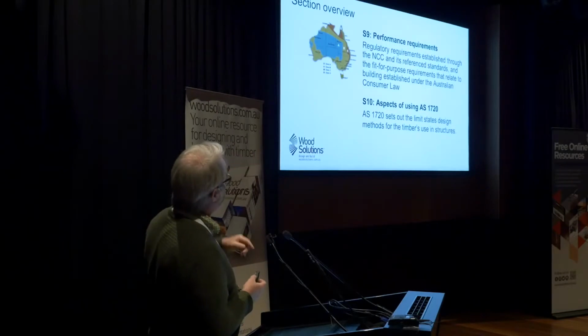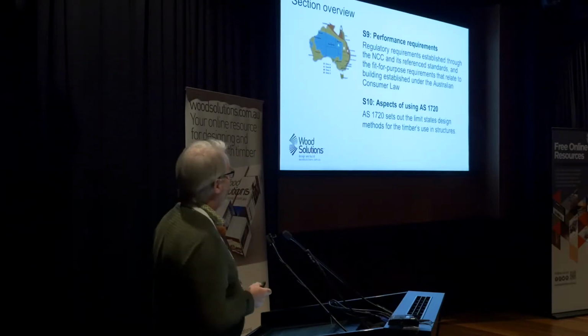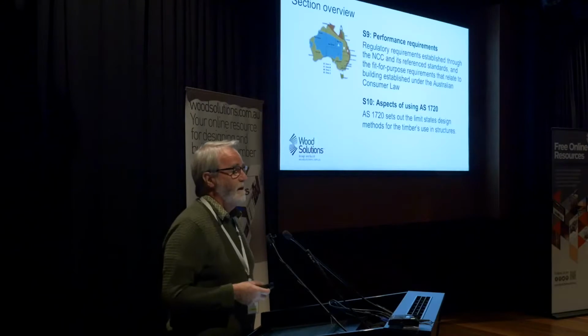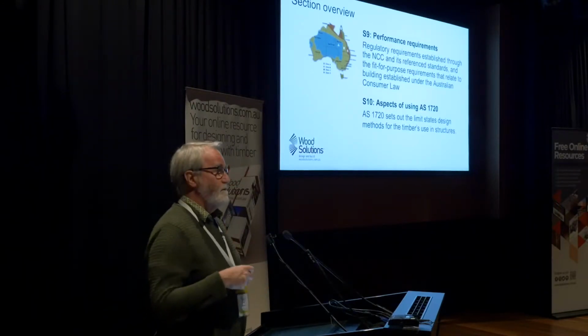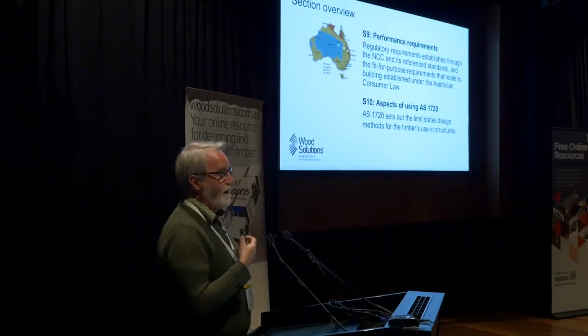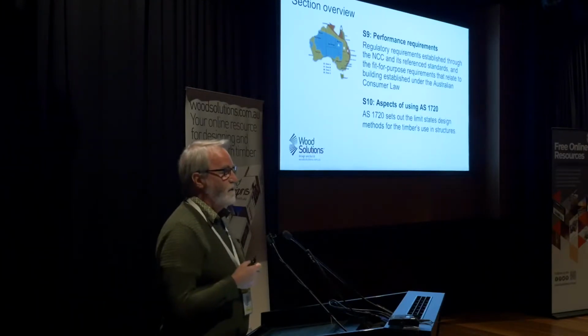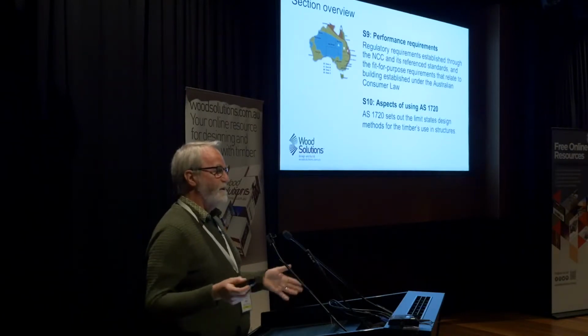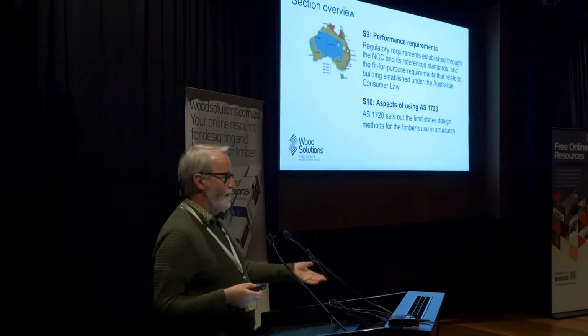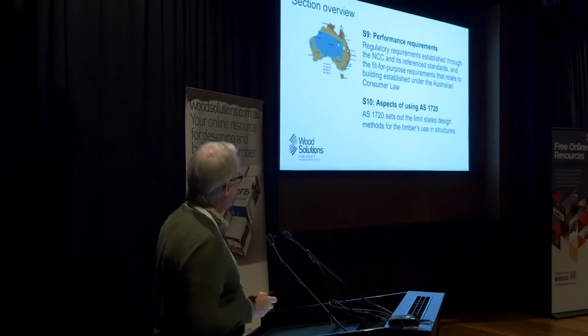And the second one is that there is a whole range of things that are tied up with the fit for purpose requirements in the Australian consumer law, which with wood we've got to make sure we handle some of those things because it's a variable material again, and it might do some things that we wouldn't normally expect if we're using a steel and concrete option.